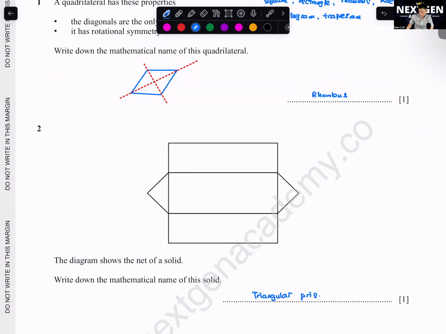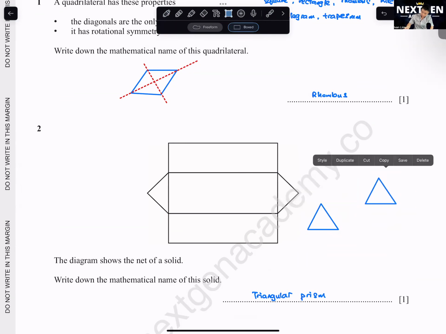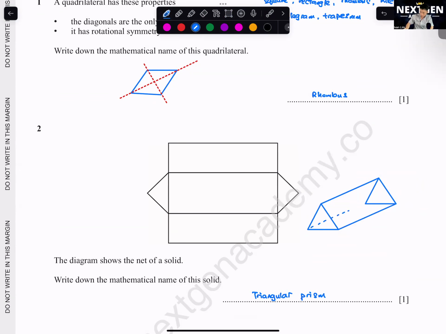So this is how it looks if you draw it out. Triangular prism. Don't just say it's a prism. I don't think they will give you credit for a prism itself, because prism is just a general name for a cross-sectional area kind of shape that repeats by length times.